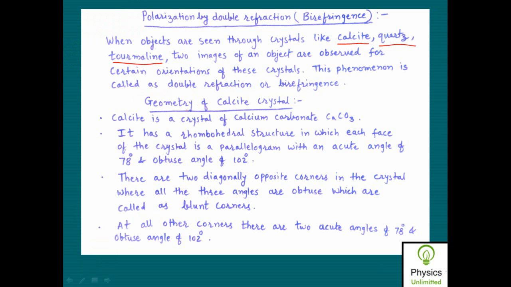Now generally this calcite crystal is used to study the phenomenon of double refraction, and therefore it is important for us to know the geometry of this calcite crystal. This calcite crystal is also commonly known as Iceland spar, because this crystal was found in Iceland.